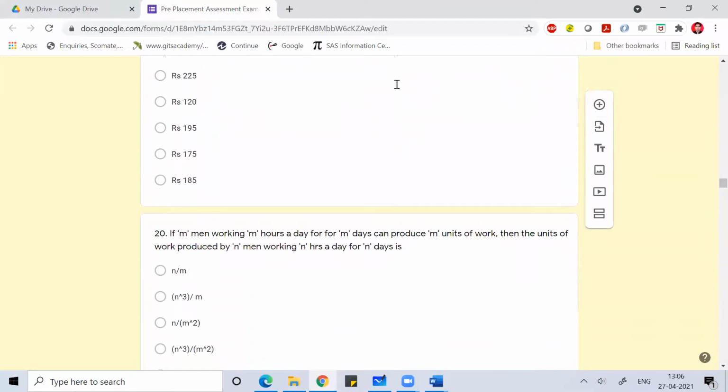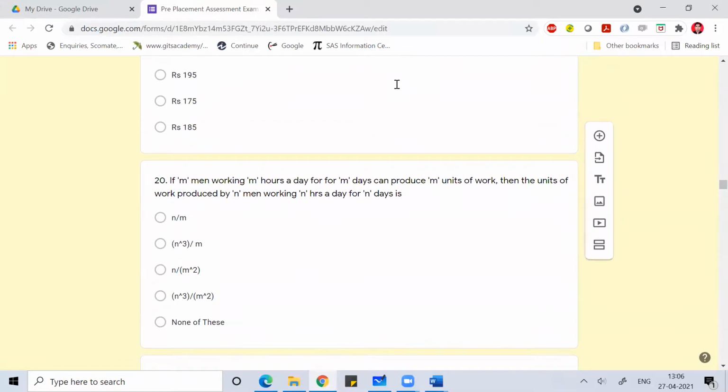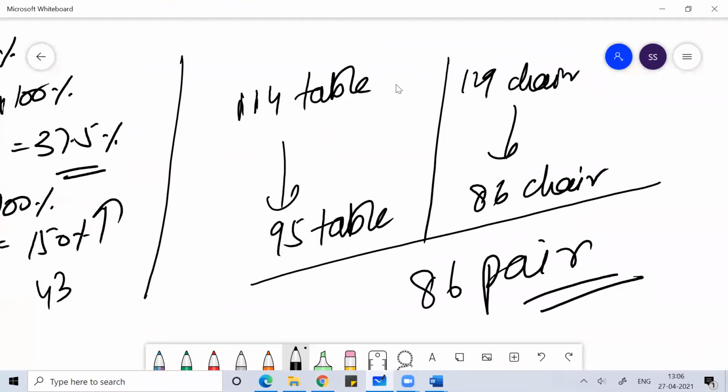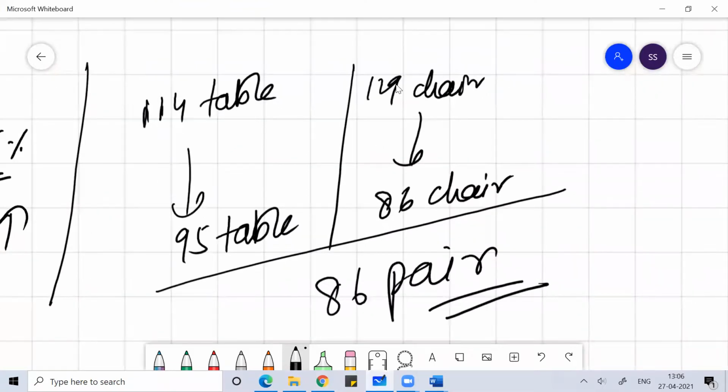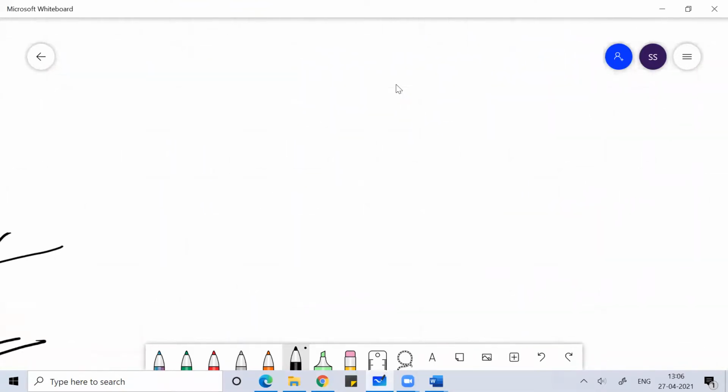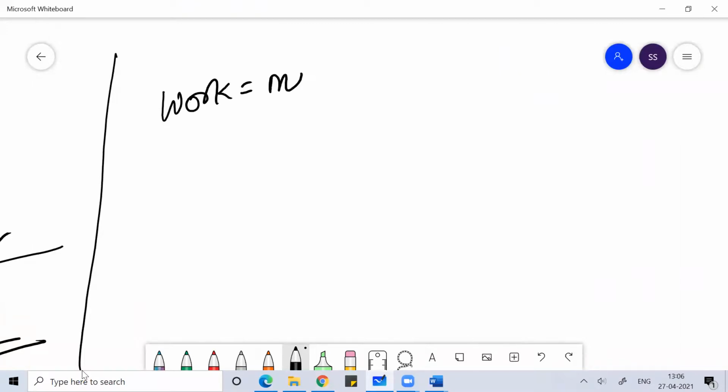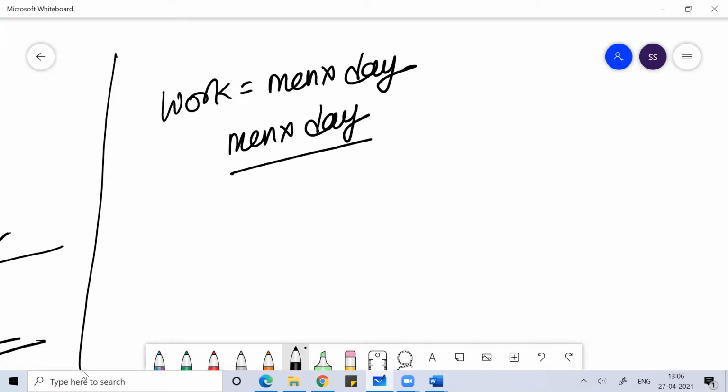Question number 20. If you're trying to solve question number 20, use the formula: work is equal to men into days. So men into days by work will be constant.